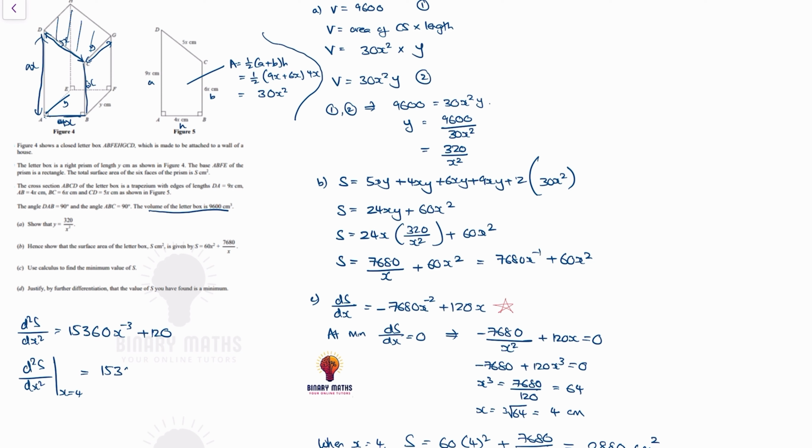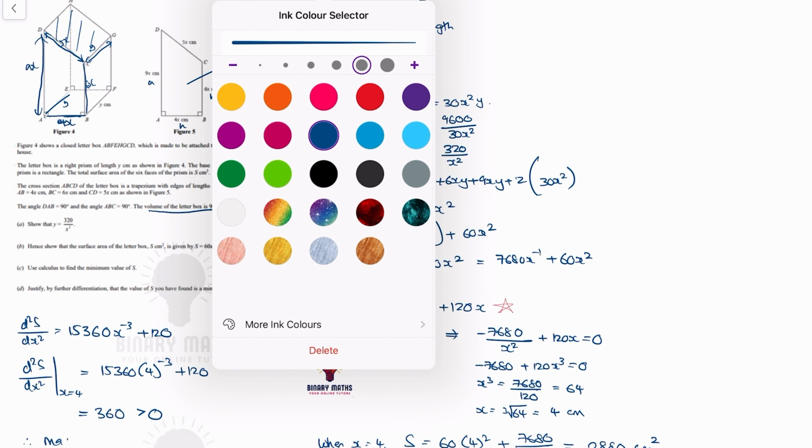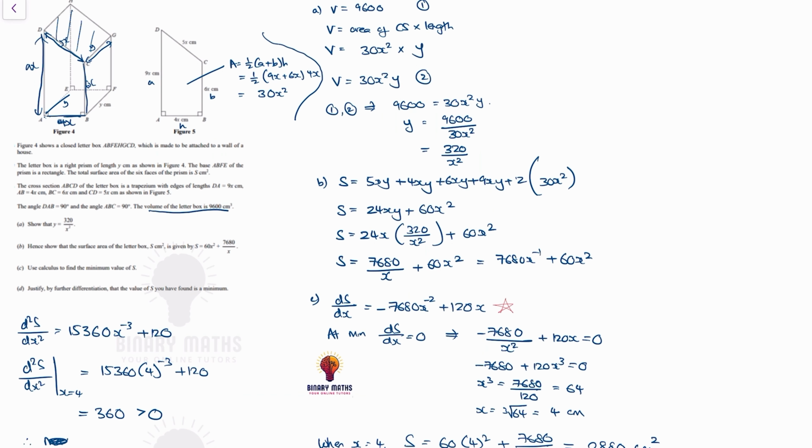So it'll be 15360 times 4 to the minus 3 plus 120, which gives me a value of 360, which is greater than 0. Therefore, because it's greater than 0, that means the minimum. Therefore, minimum occurs when x equals 4.